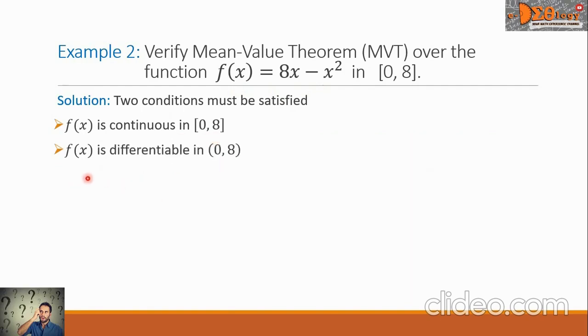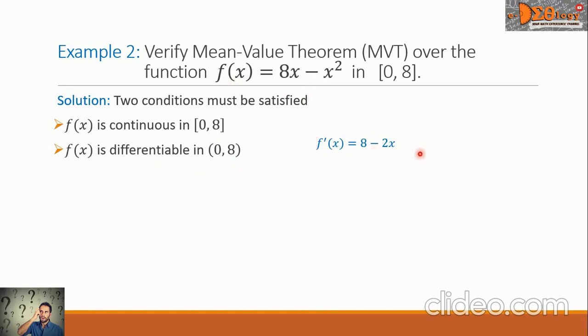Second condition, f of x is differentiable in the open interval from 0 to 8. If we take the derivative of our function here, we can write f prime of x equals 8 minus 2x.